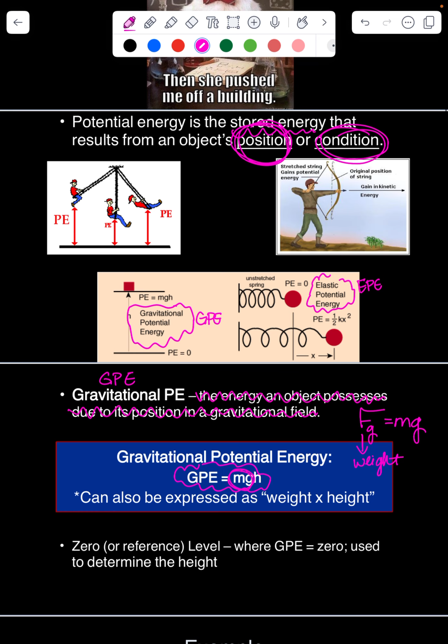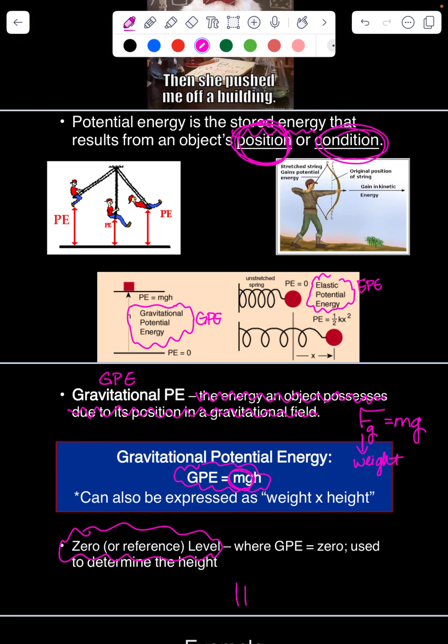Now we will be talking about something called a zero level or a reference level, and that's going to change with every problem. Nine times out of ten, your zero level is going to be the ground, but it doesn't have to be.